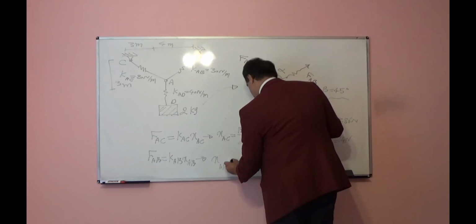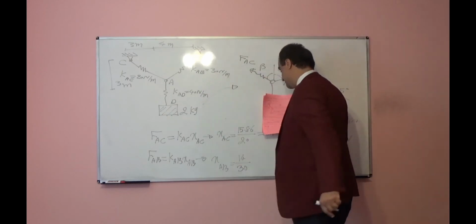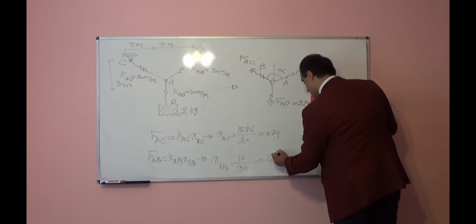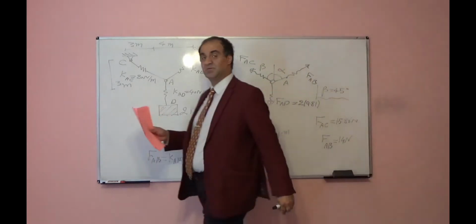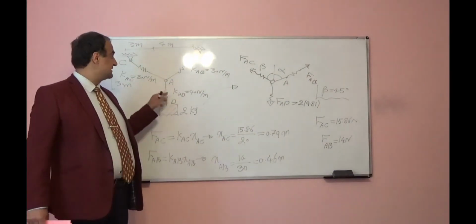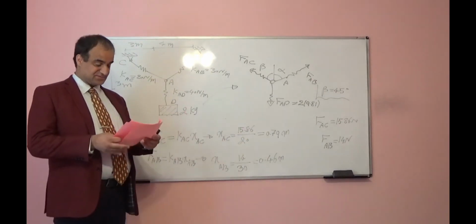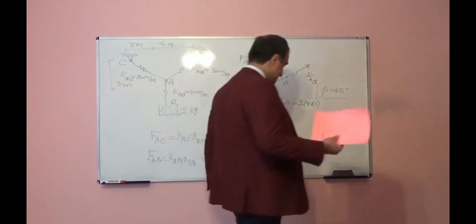XAB is equal to 14 divided by 30, the stiffness, that will be 0.46 meter. So I found the internal force in each spring, then I found the elongation in each spring. Let's look at the next example.